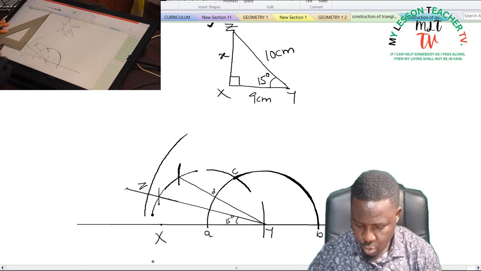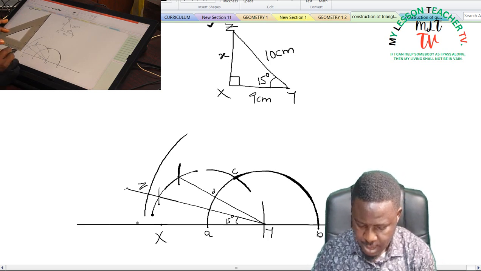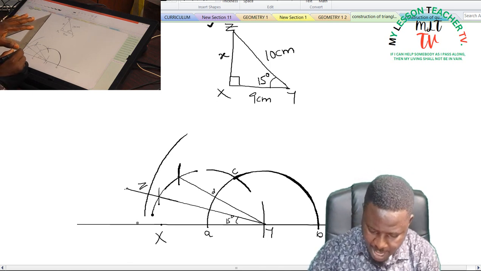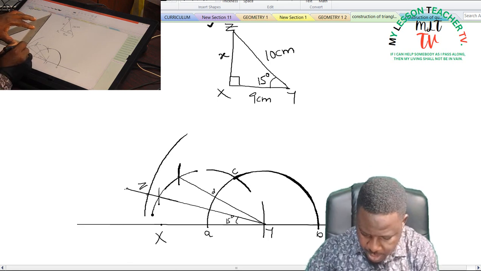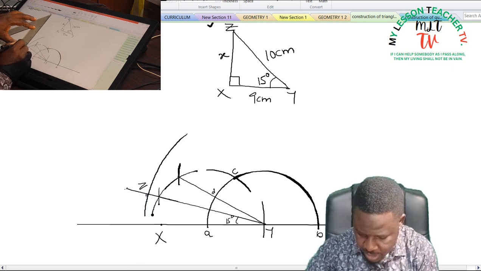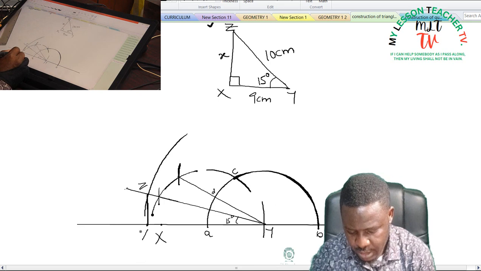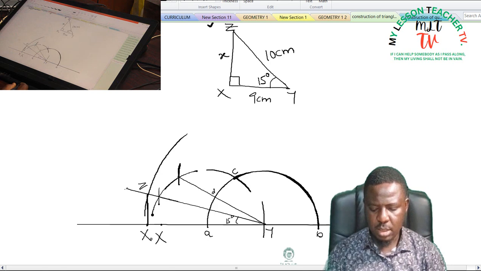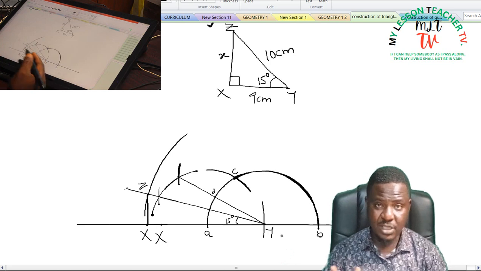So how will you position it? You ensure that it is parallel to the line XY, as in this case, and then you take the point from where it is down. Something like this. So our point X is this. And if you check, I don't think it's going to alter any of the readings, the angle 15 degrees or whatever.